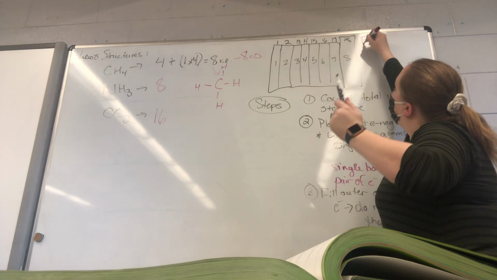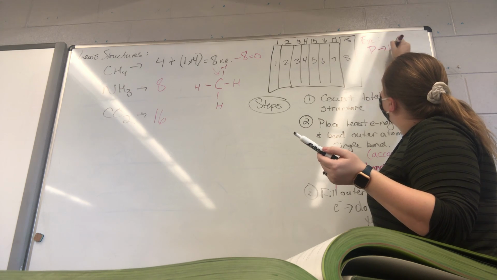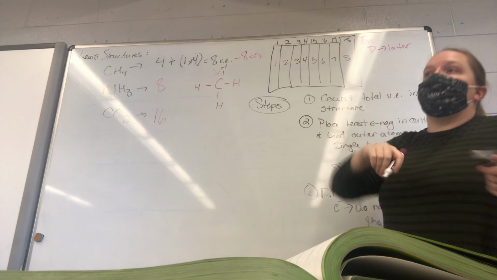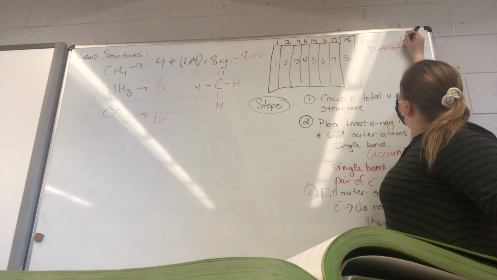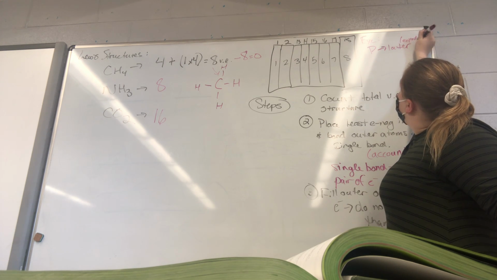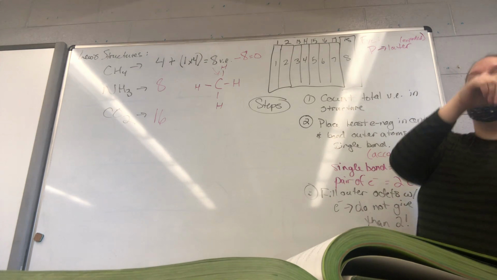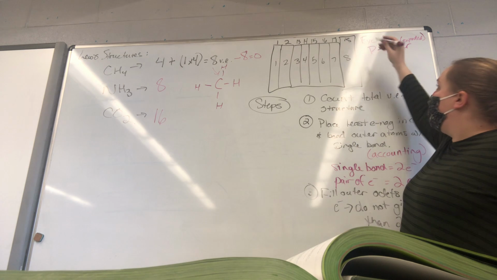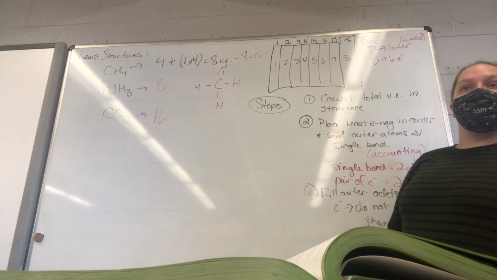Okay, here we go. Exceptions. Anything after phosphorus, good. P and after can have expanded octets. Carbon? Nope. Carbon always gets an octet. Boron only gets 6 electrons.